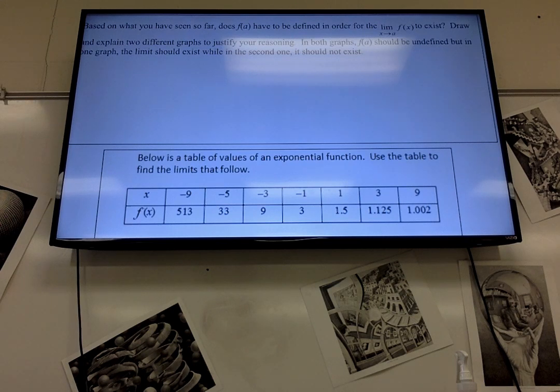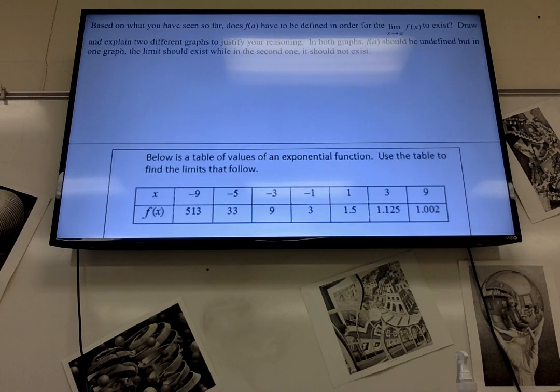We're going to draw and explain 2 different graphs to justify our reasoning. In both graphs, f of a should be undefined, but in one graph, the limit should exist. On the second one, it should not exist. So, let me draw this. Okay, so basically, if f of a does not exist, I can have a hole in the graph.